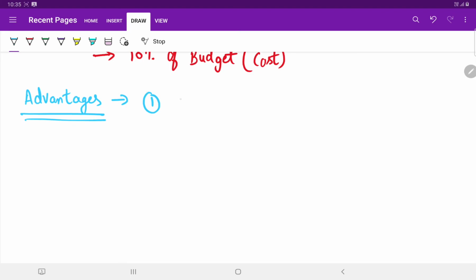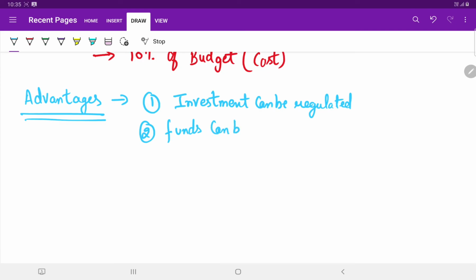So the investment can be regulated. Secondly, funds can be utilized rationally.